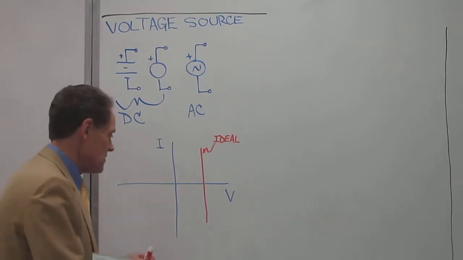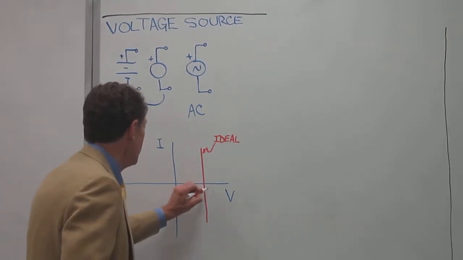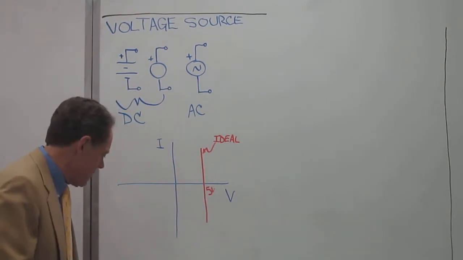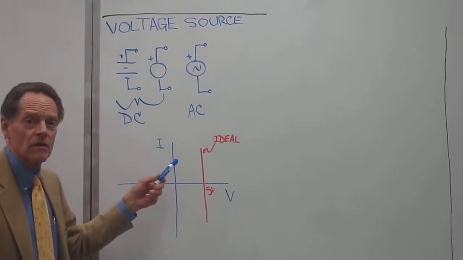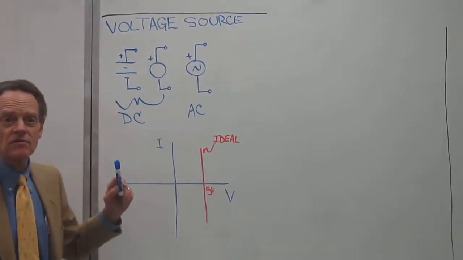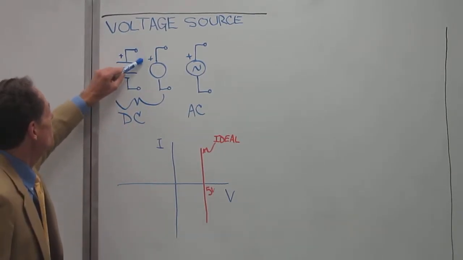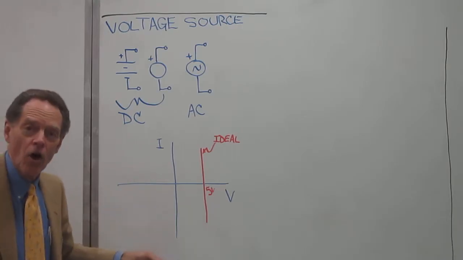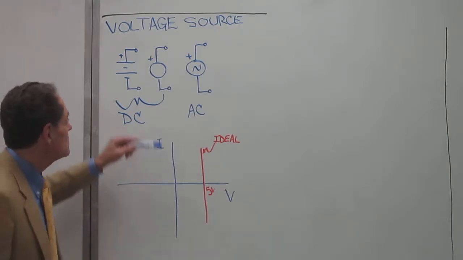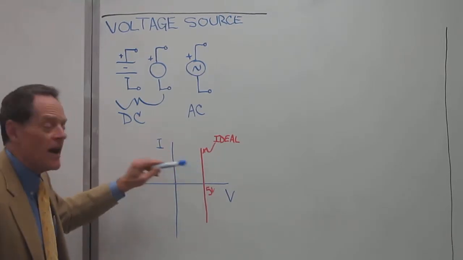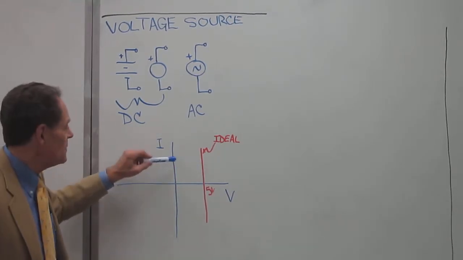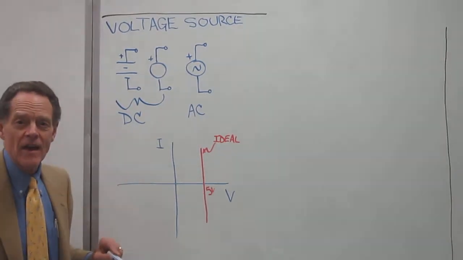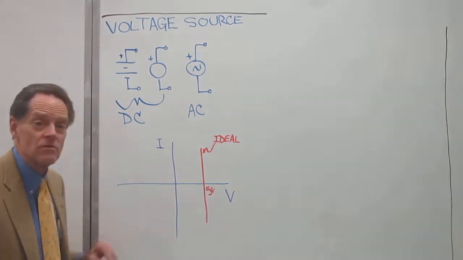Say, let's say that this point is 5 volts, right here, and regardless of the amount of current that is being demanded of this battery, which is what happens when you connect the battery to something called a load, which is a demand for current, then in the ideal battery or the ideal voltage source, the voltage will not change regardless of the amount of current that is being demanded of it in either direction.